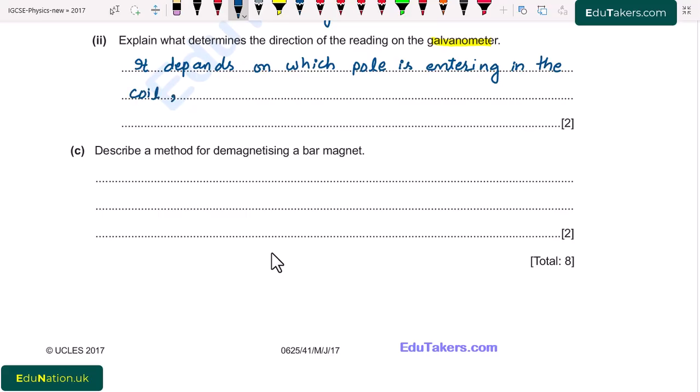The direction of the induced EMF will oppose the change inducing it.